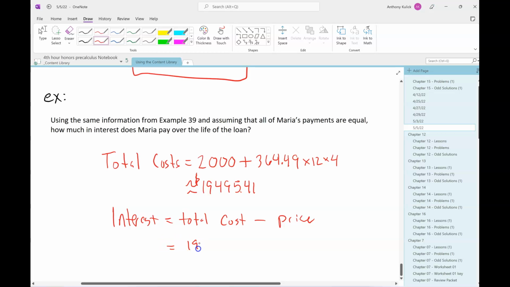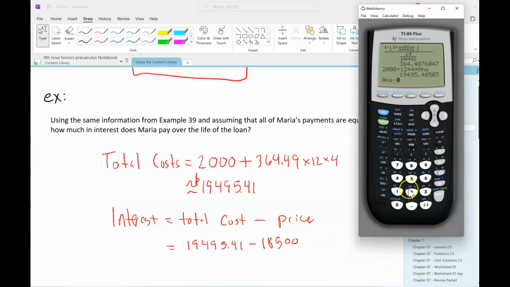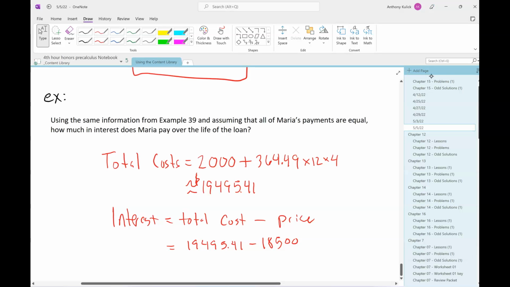So that's going to be the 19,495.41 minus the 18,500. So $995.41. Almost $1,000 the bank made off of her.